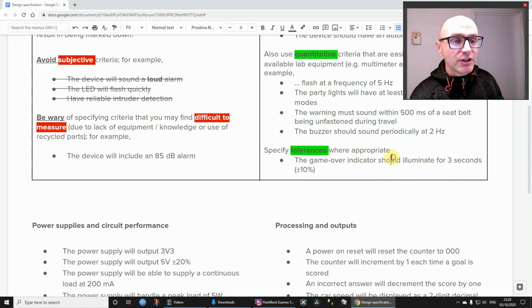If you're planning to make an electronic game, and it has some sort of game over indicator, like game's over now, you've lost all your lives, or you won to the end, and let's say that's an LED that's going to illuminate for 3 seconds.